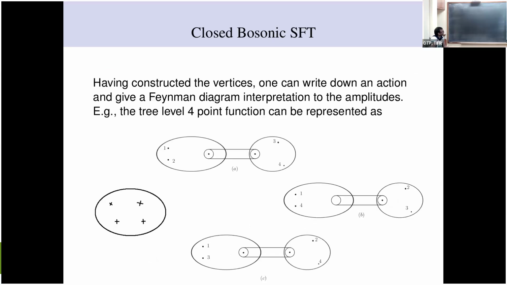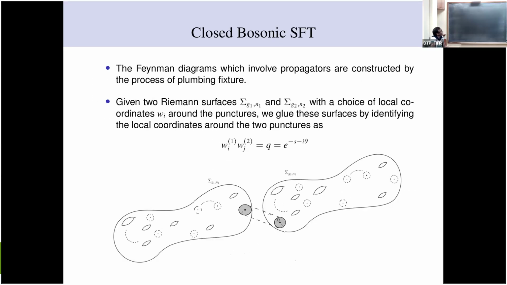How do we construct these Feynman diagrams? They are constructed by what is called the plumbing fixture. You take 2 Riemann surfaces, say with genus G1 and N1 punctures and genus G2 and N2 punctures, with some choice of local coordinates Wi around the punctures. And we glue these surfaces. You cut a disc around some chosen puncture on each surface, and then identify the local coordinates around these punctures in this way.